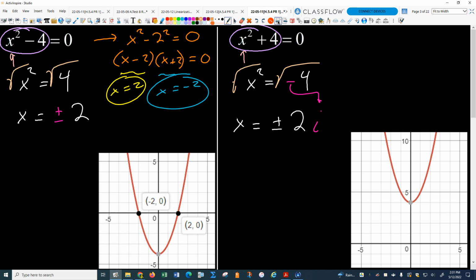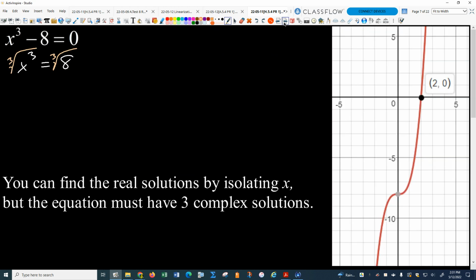Is that true for an odd power? If I take a negative number to an odd power, does it become positive? No, it stays negative, doesn't it? So here's my question then. Along those lines, do I need to include a plus or minus here if I'm cube rooting both sides? I don't.